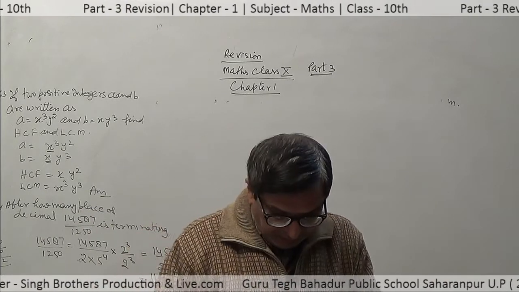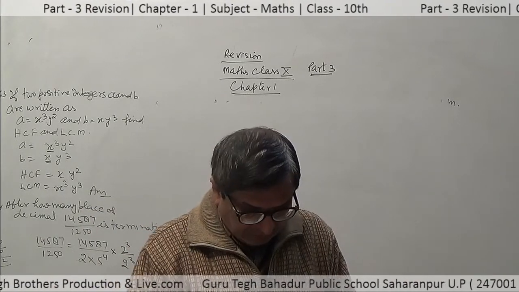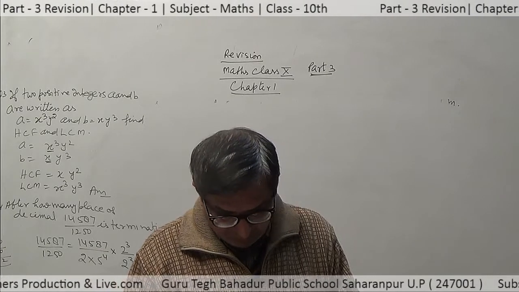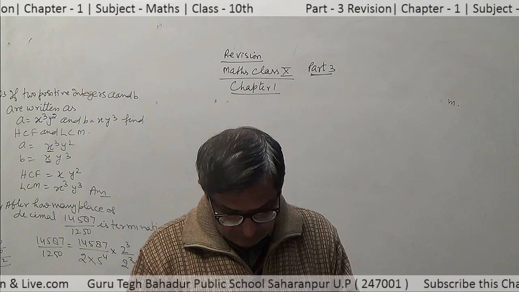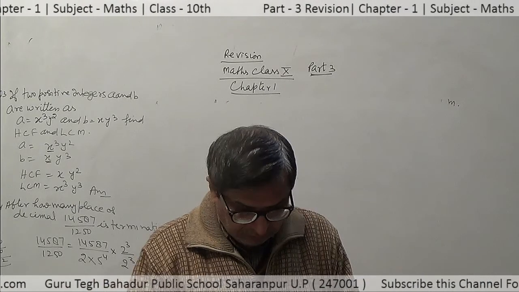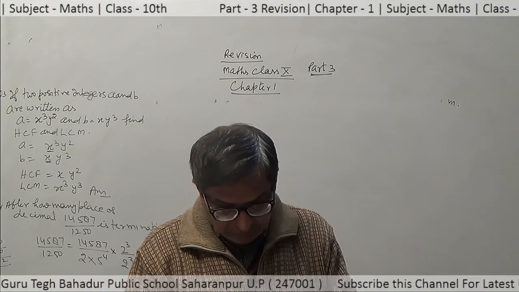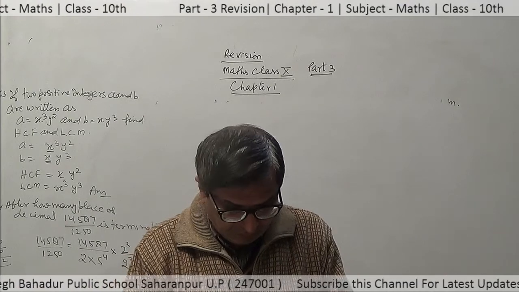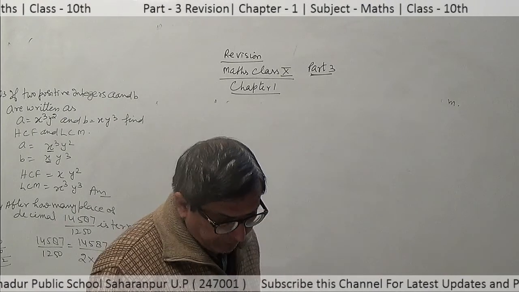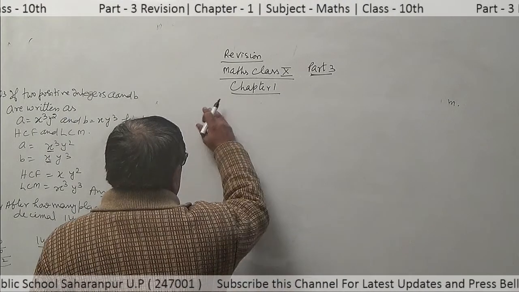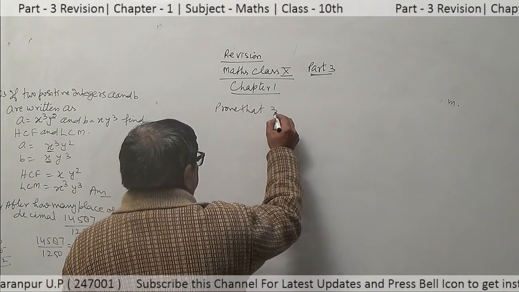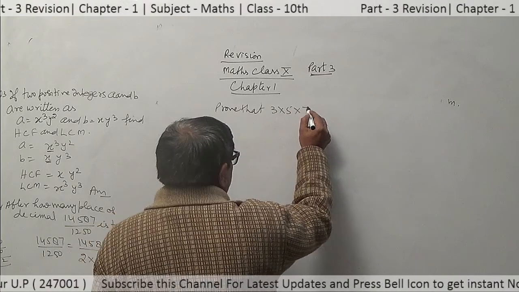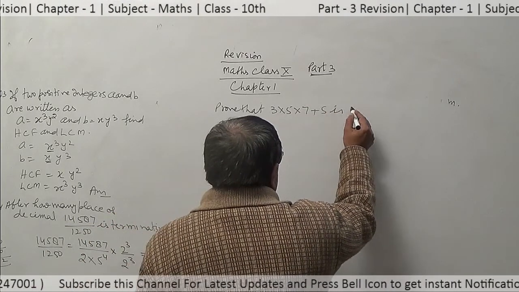Question number 5. Prove that 3 into 5 into 7 plus 5 is a composite number.